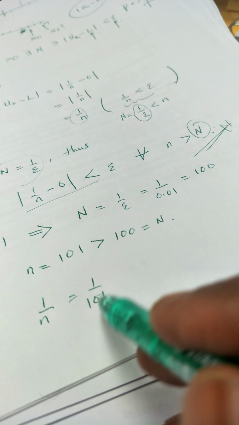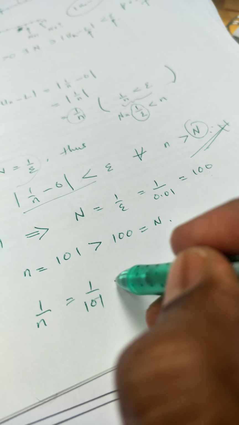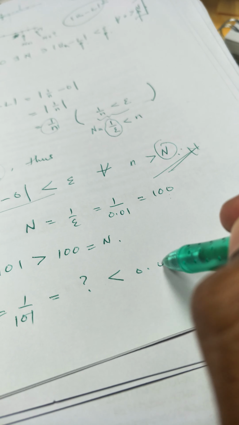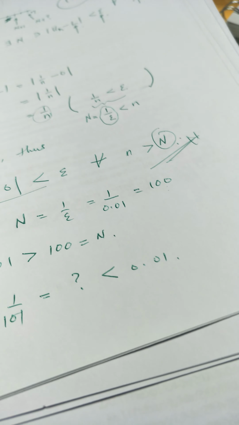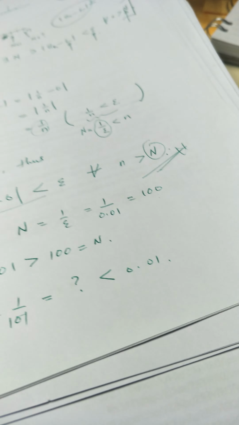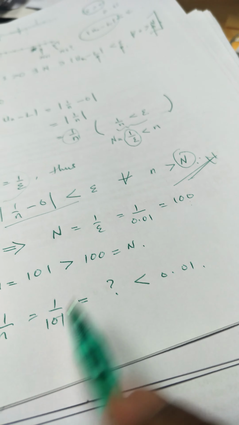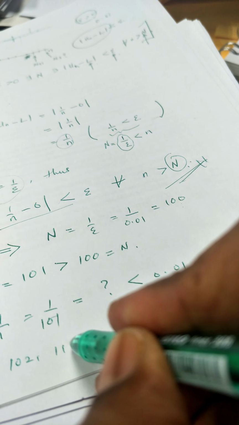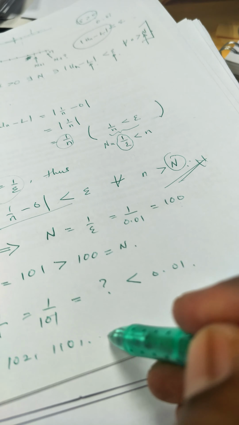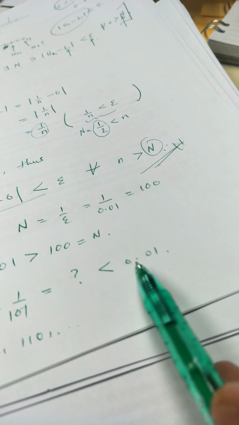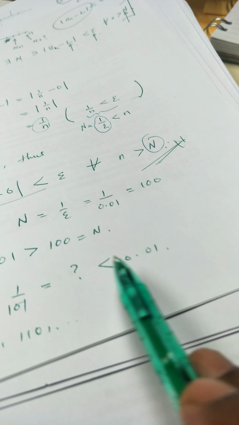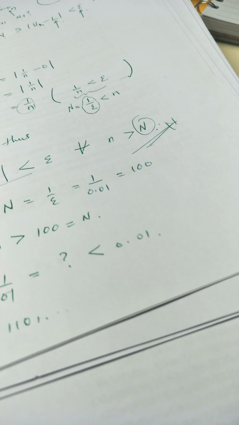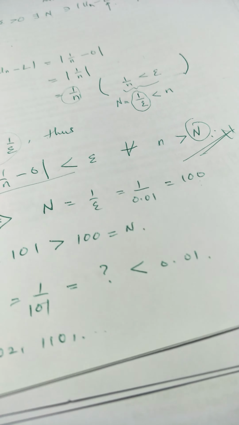If you use a calculator to evaluate this, it is definitely less than 0.01. The bigger n you choose, 102, 103, 110, and so on, the smaller the number you get, still less than 0.01.